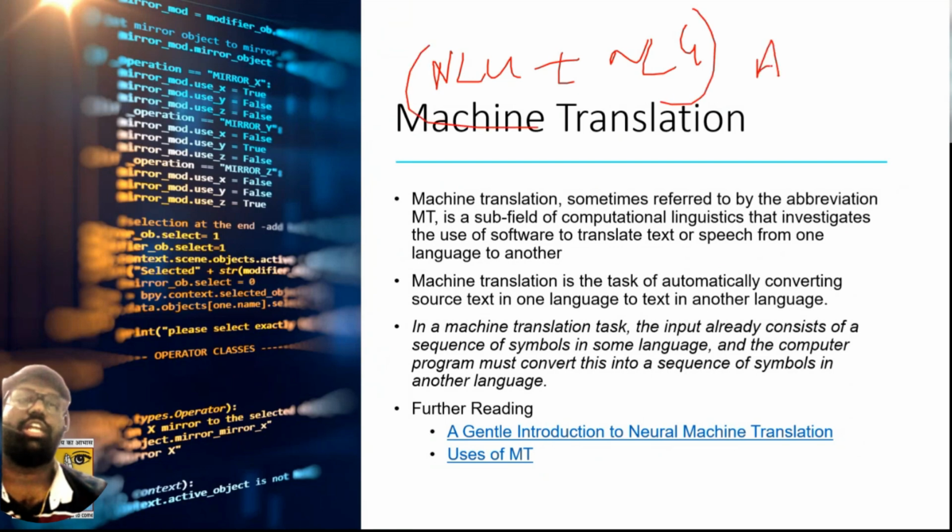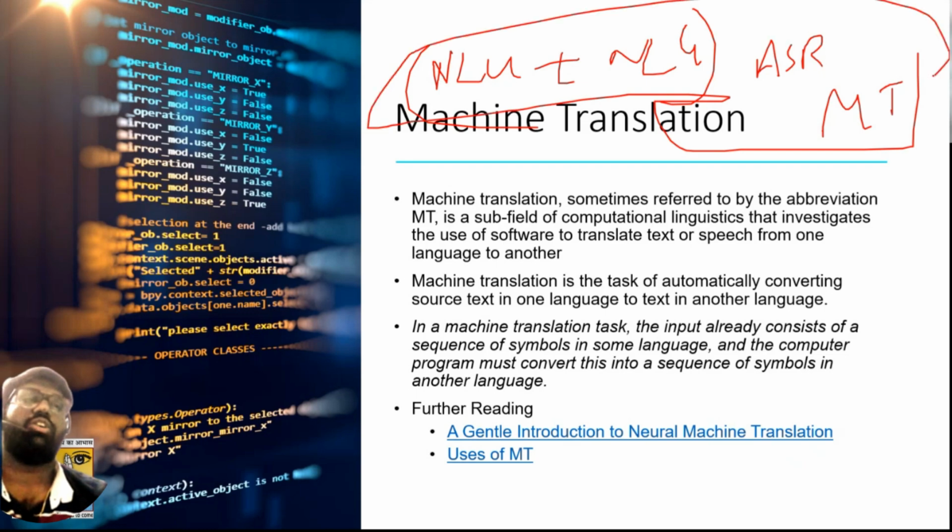And if you want speech recognition, then we have ASR. If you want machine translation, then it is MT. So that's it. These are the four major concepts in NLP.